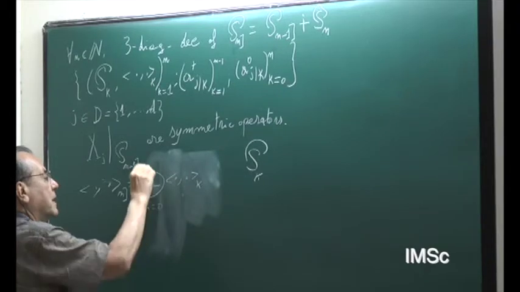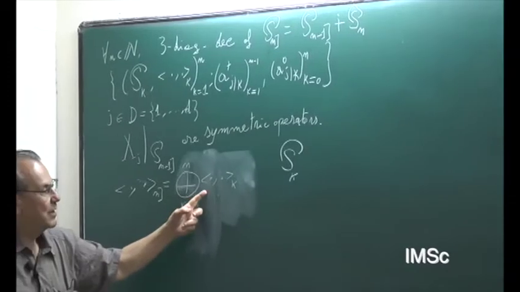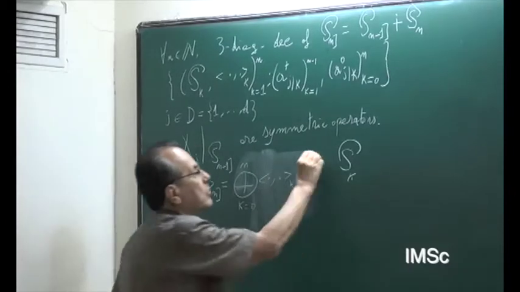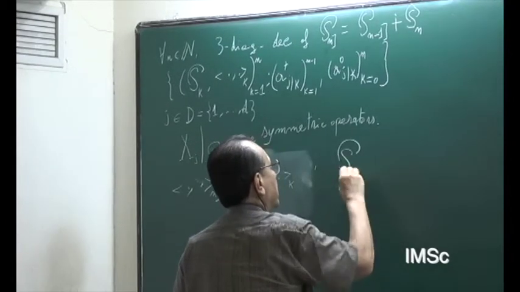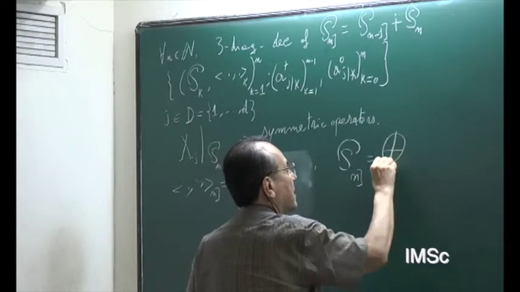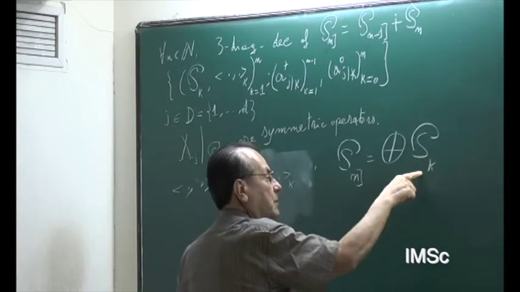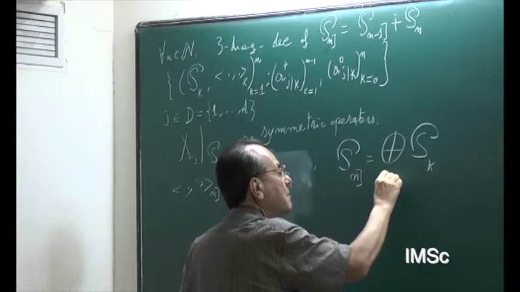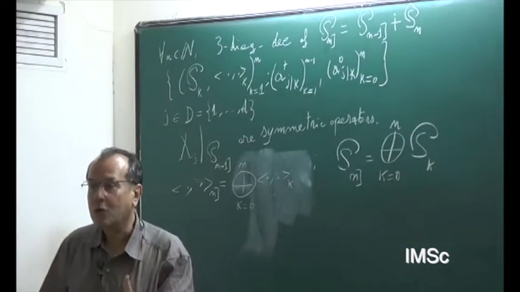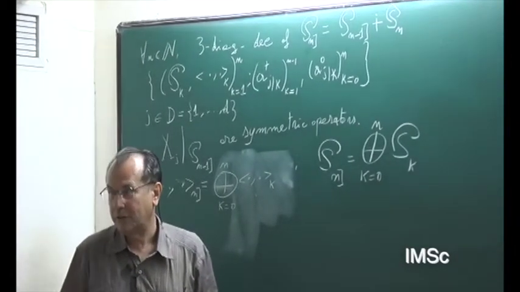Orthogonal sum means that this direct vector space decomposition becomes, in fact, an orthogonal decomposition in the sense of pre-Hilbert spaces. Okay?